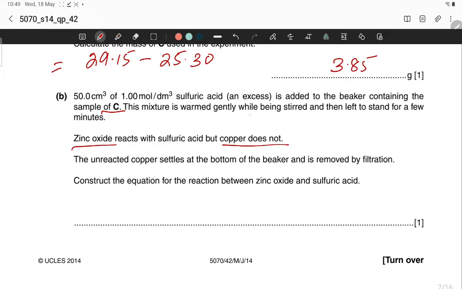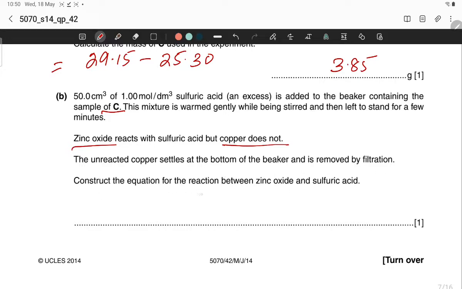Copper does not react with dilute sulfuric acid because copper is below hydrogen in the reactivity series. So zinc oxide can. The unreacted copper settles at the bottom of the beaker and is removed by filtration.